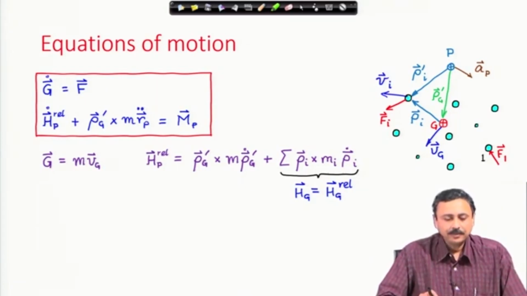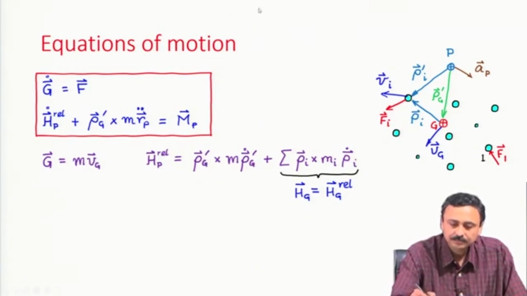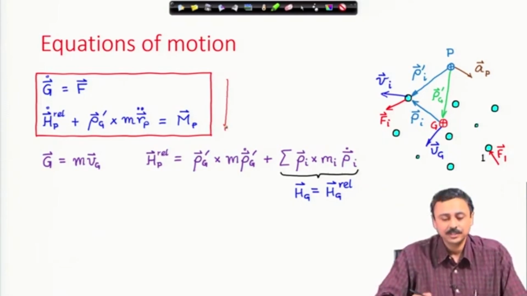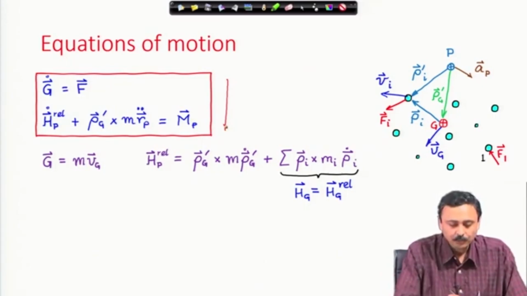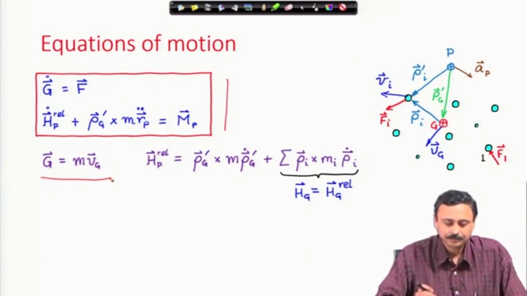Therefore, we finally have these as our governing equations for kinetics of a system of particles, the most general set of equations, where the linear momentum is defined like this: the total mass of the system concentrated at the center of mass times the velocity of the center of mass.